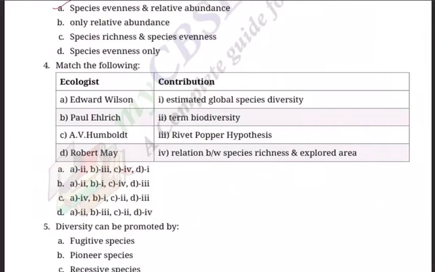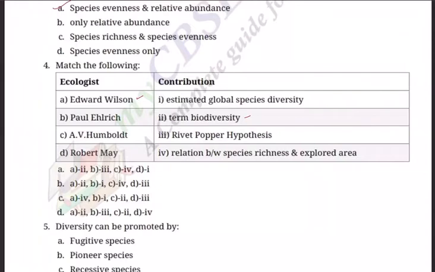And of course, we know that this one hint you must get, then you will catch that. The hint that one can give is, for example, Edward Wilson is the person who gave the term biodiversity. So just to see A2, we have got A and B, even D is there.